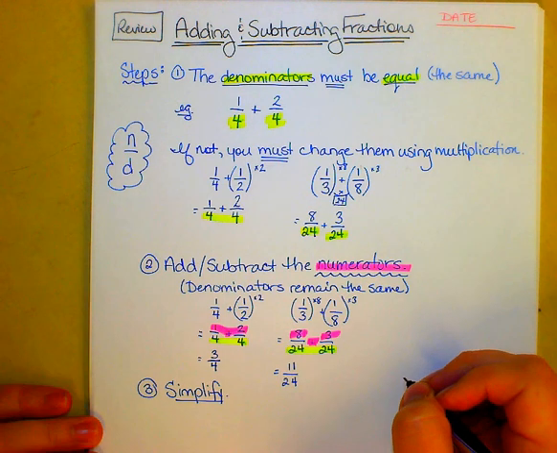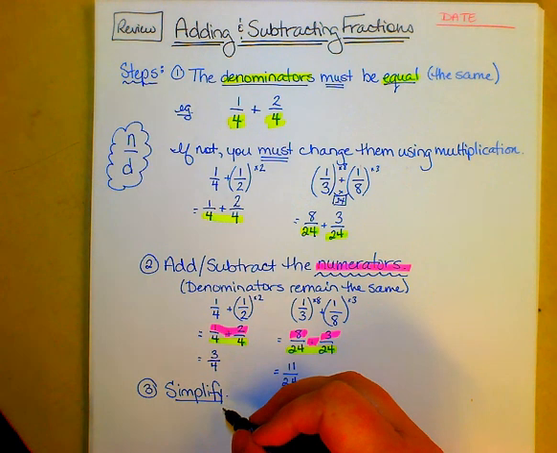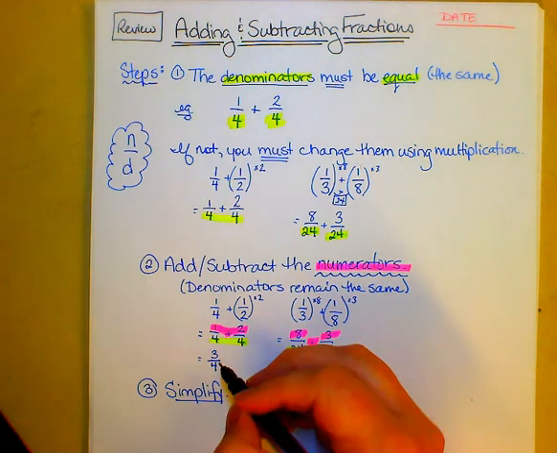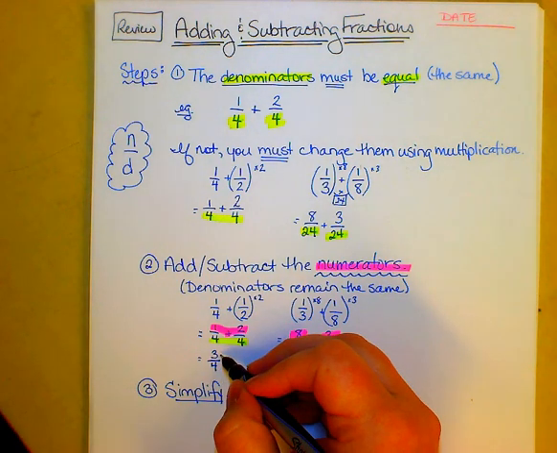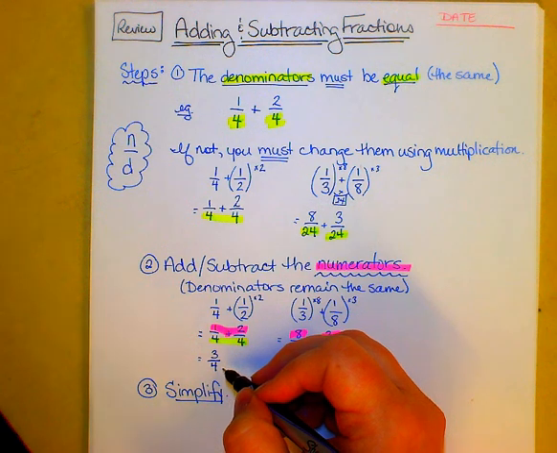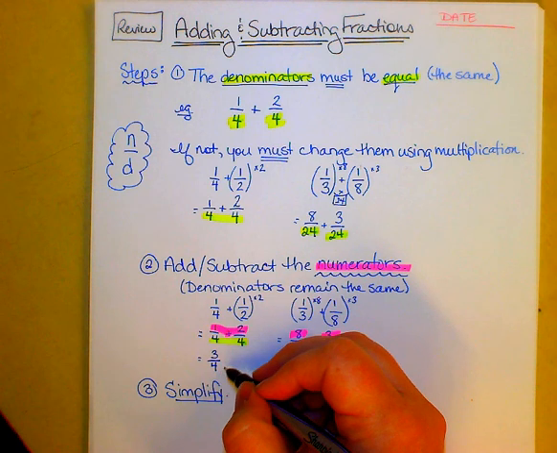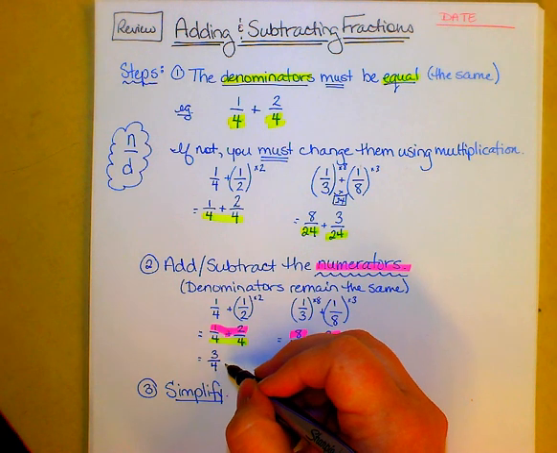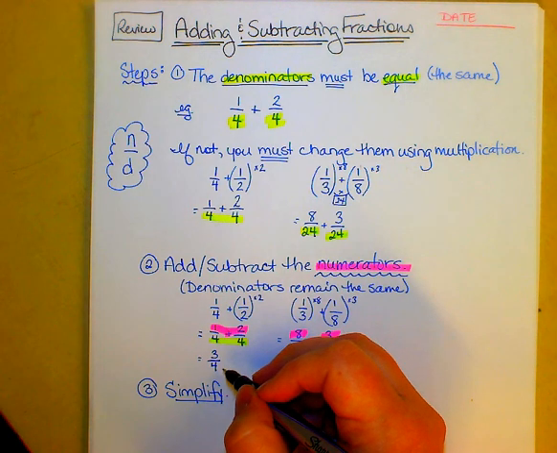My last step, I need to simplify. So simplifying means looking at my fraction. So if I'm looking at my end result here, 3 over 4, I'm going to look and decide, can I reduce these numbers in any way to make my fraction have smaller numerators and denominators? But the catch is that you have to divide by the same number.